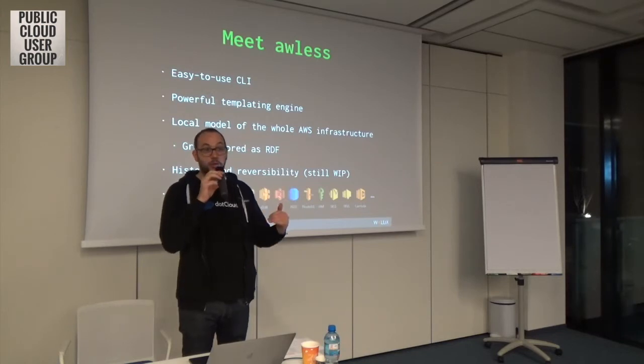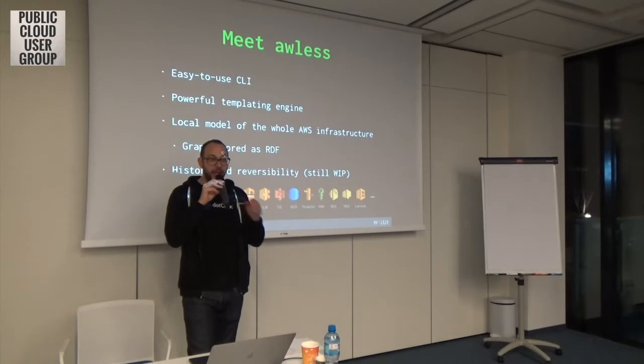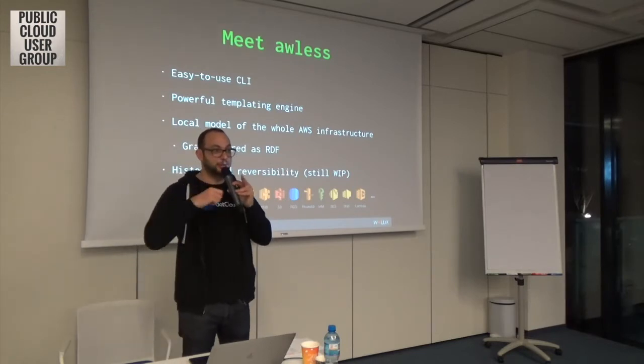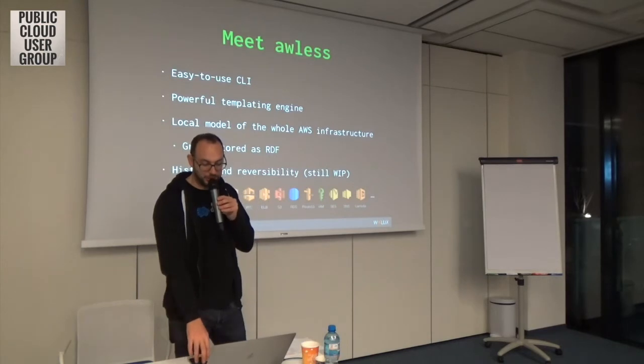So in fact, you have all the information from AWS locally, which means we can query it without making queries to AWS to find all the IDs we need to complete the commands we are running.